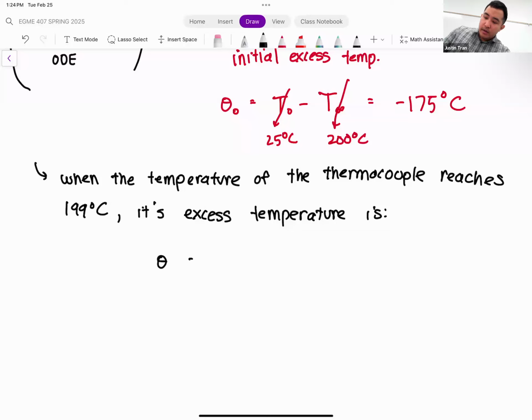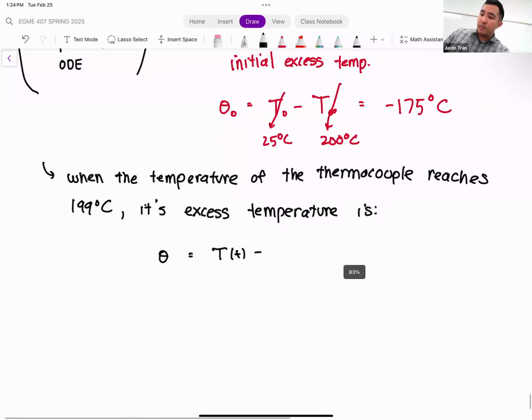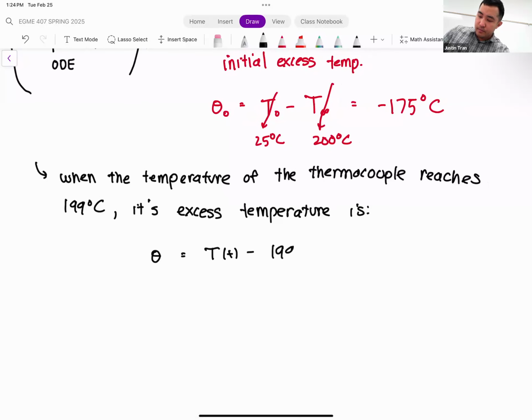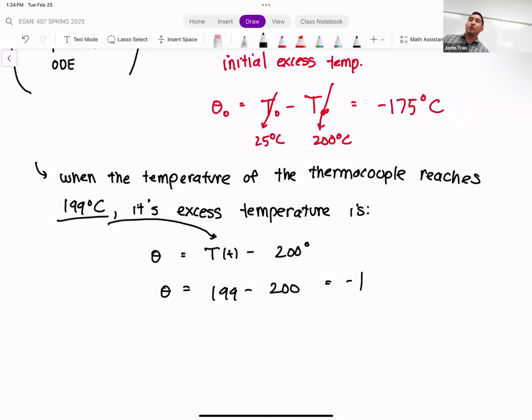Remember, theta is just whatever temperature the thermocouple is at minus the fluid temperature. Just 200, excuse me. And so when the temperature of the thermocouple was 199, let's plug that in. We have theta equal to 199 minus 200, and that, of course, is equal to -1.